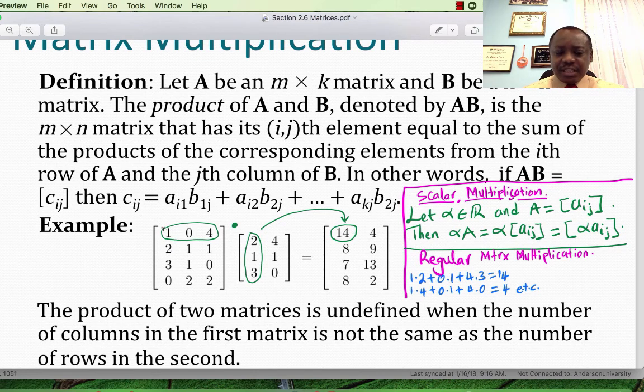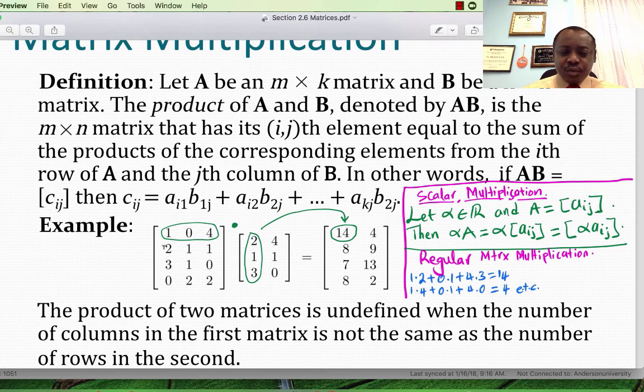And then I do the same thing for my first row and second column. It will be 1 times 4 plus 0 times 1 plus 4 times 0, and that gives you 4, and that goes right here.